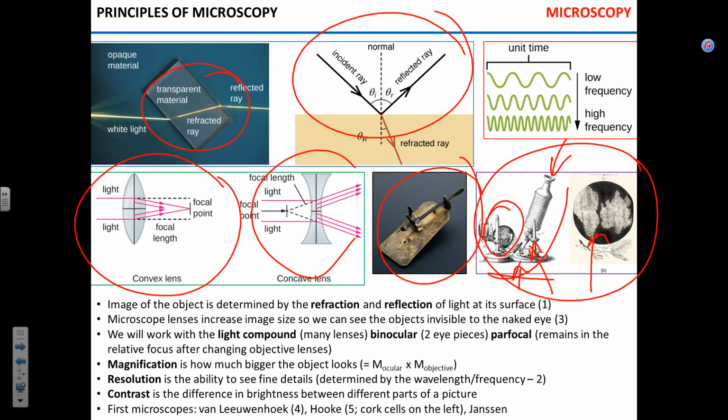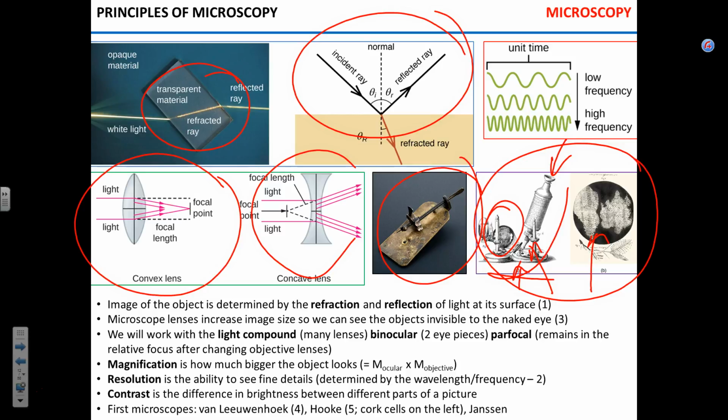Now, the microscopes that you're going to work with are compound, which means they have multiple objective lenses. Mine is different than yours in only one instance. You're going to have 4 different objective lenses with magnifications of 4, that's the scanning lens, 10 low power, 40 high power, and 100 oil immersion.